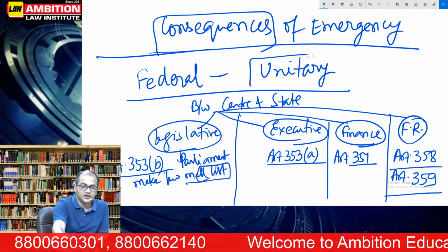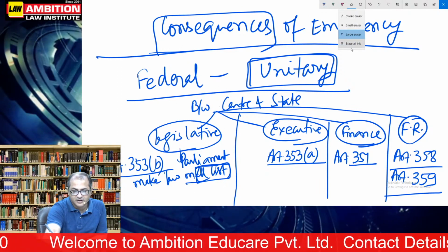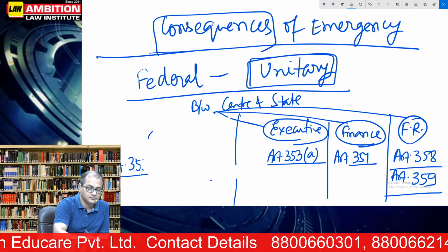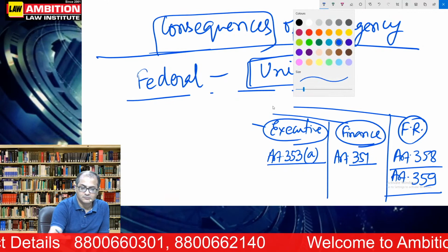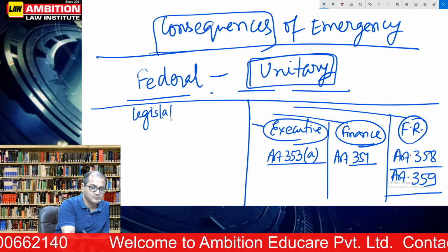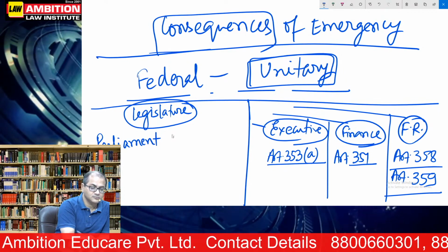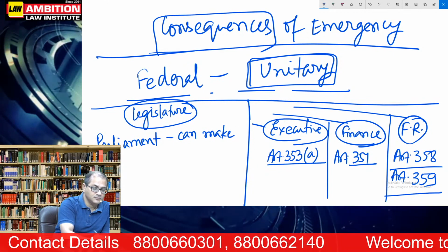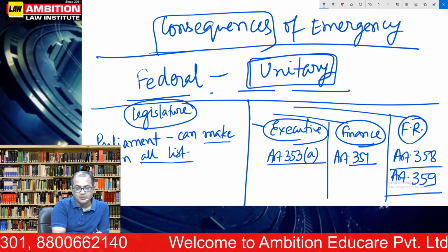तो ये यूनिटरी हो गया कि नहीं बताओ, this is what I wanted to say. ऑल लिस्ट, स्टेट लिस्ट भी आ गया। Parliament can make law on all list, दिख रहा है आपको, can you see this. मैं फिर से लिख देता हूं, Parliament can make law in all lists.